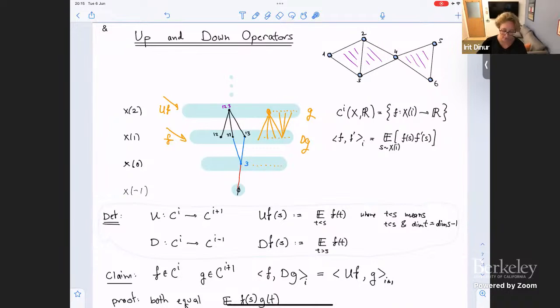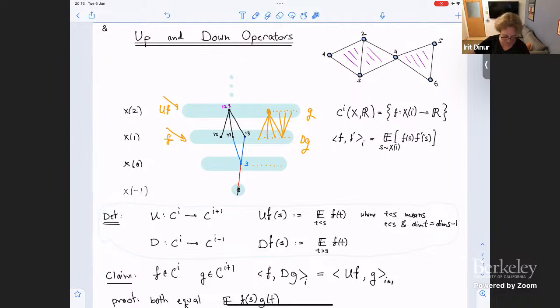So in particular, if I have a function on the edges and I want to define the up of this function to be a function on the triangles, then for every triangle, I just average the values on the three edges, and this will be my new function Uf defined on all the triangles. And similarly, the down operator takes me from an i-chain to an (i-1)-chain.